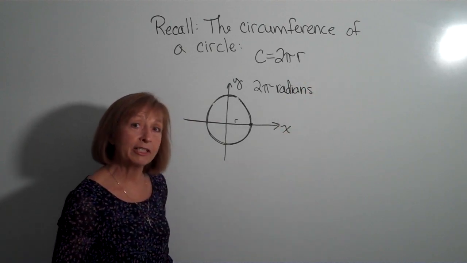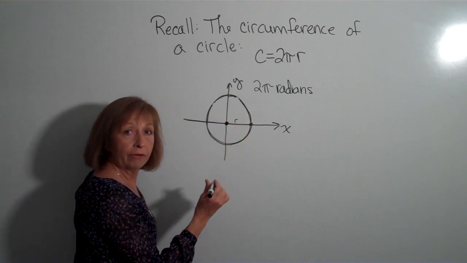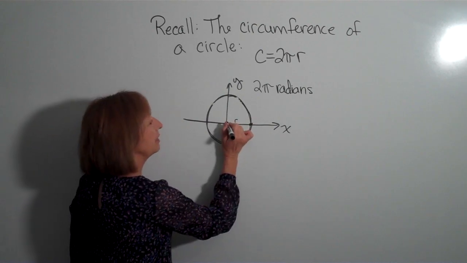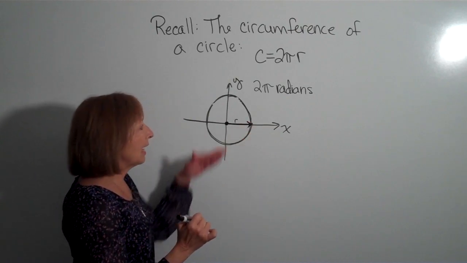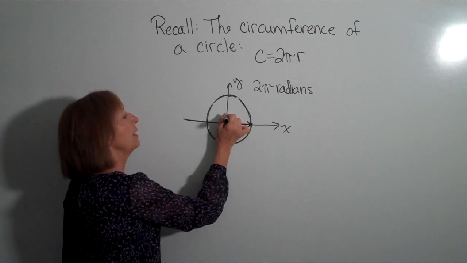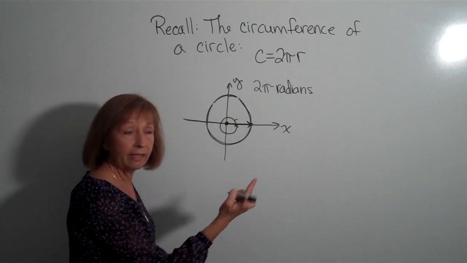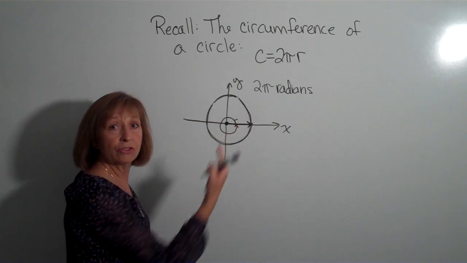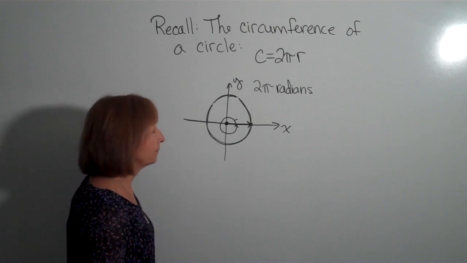And if I have my trig angle in standard position, where the vertex is at the origin and the initial side is the positive x-axis, then if I went all the way around from the initial side to the terminal side, that's your central angle, and it subtends 2 pi radians, so that angle would be 2 pi.